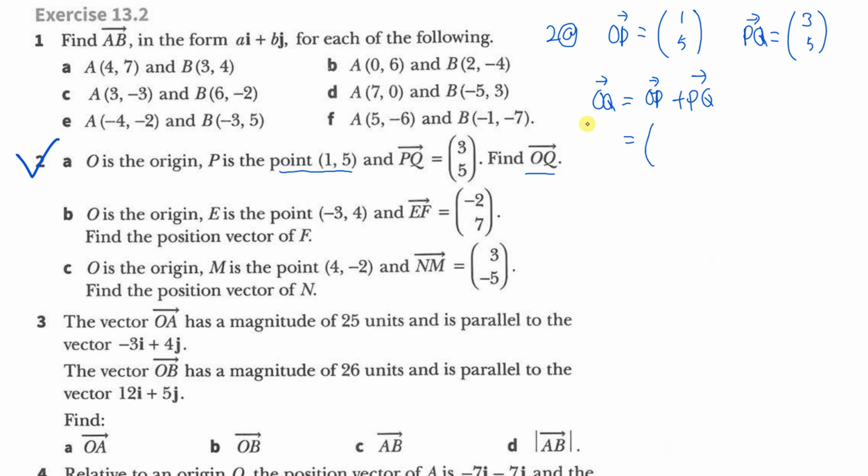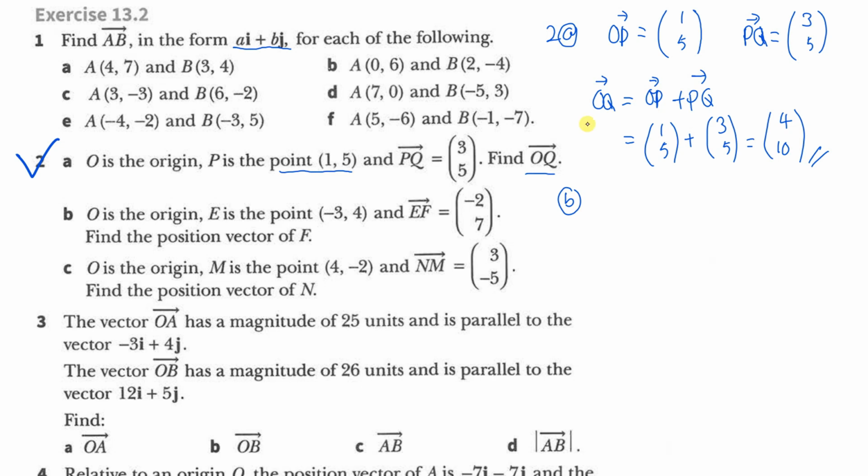So we add 1 and 5, and PQ, which is 3 and 5. Just add: 4 and 10. We can write our answer as a column vector, because they did not ask you to write in the linear form like the previous question, ai plus bj. So this is our answer to this question. You can leave it like that. Let us move to the second one, b.